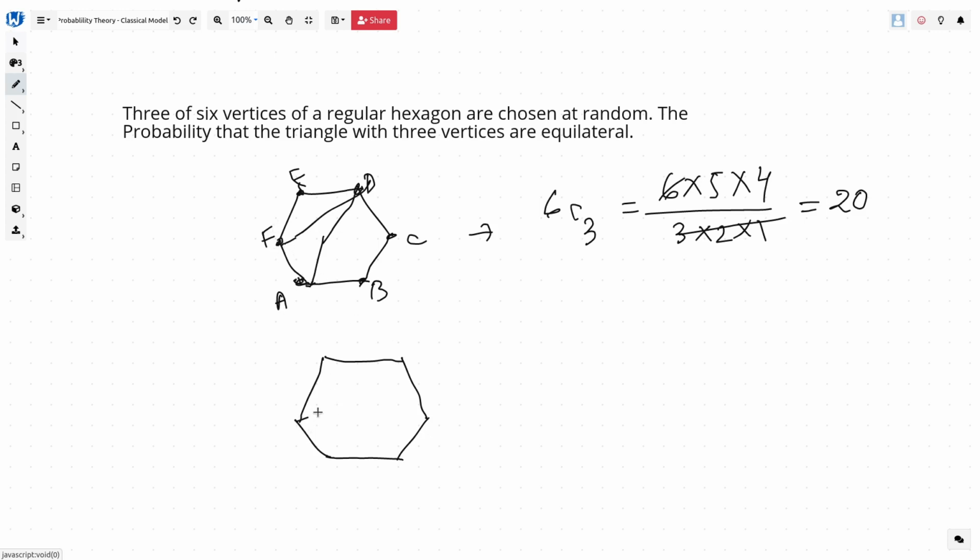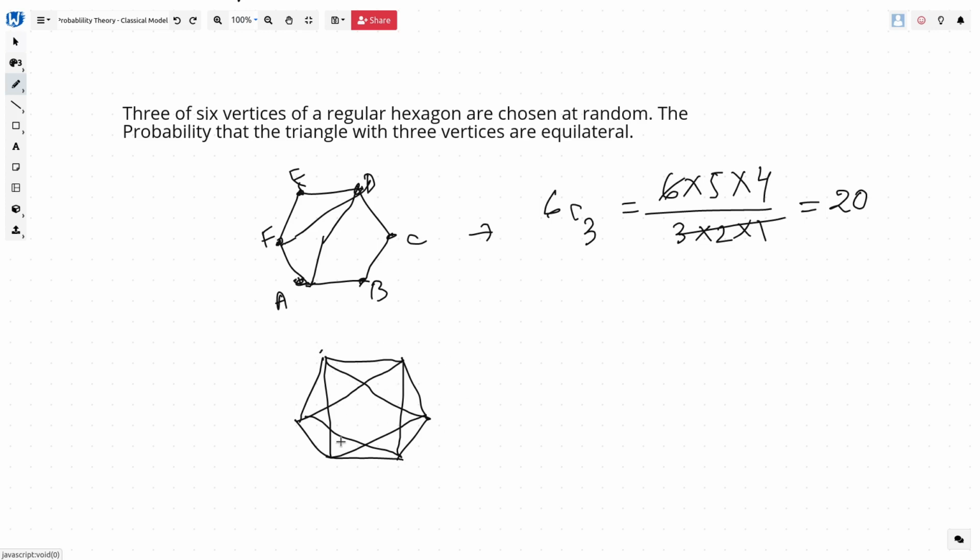So the only possibility is either this, right? Or you can do it via this. So there are 2 ways the equilateral triangle can be formed.